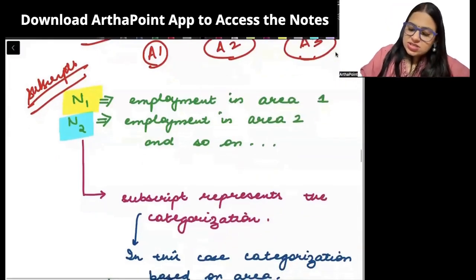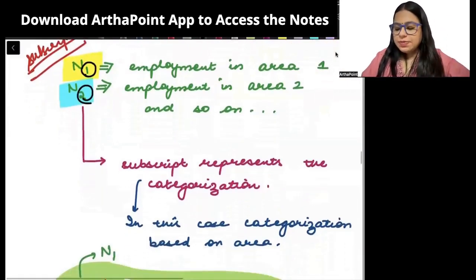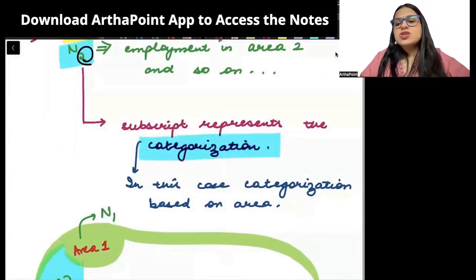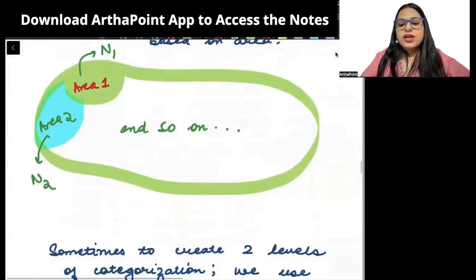So when we use these subscripts, ये subscript हमें help करते हैं in the process of categorization. It helps us to go ahead and categorize a variable. ठीक है?